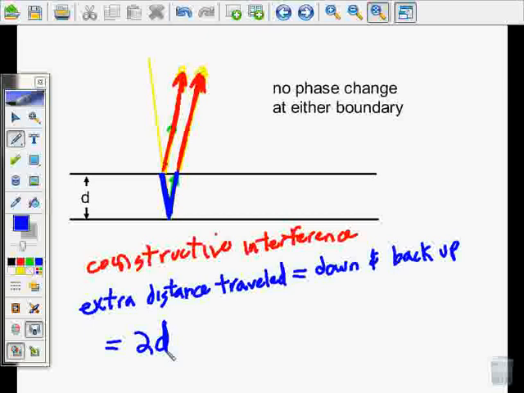But remember, we're really considering the simplest case where the light is going straight in, straight down, and straight back up. So it's basically 2d. What do we want that extra distance to be equal to if these guys over here are going to end up in phase with constructive interference? What does this have to be equal to, the extra distance, in order that those two emerging light rays are in sync, in phase, so you get constructive interference?